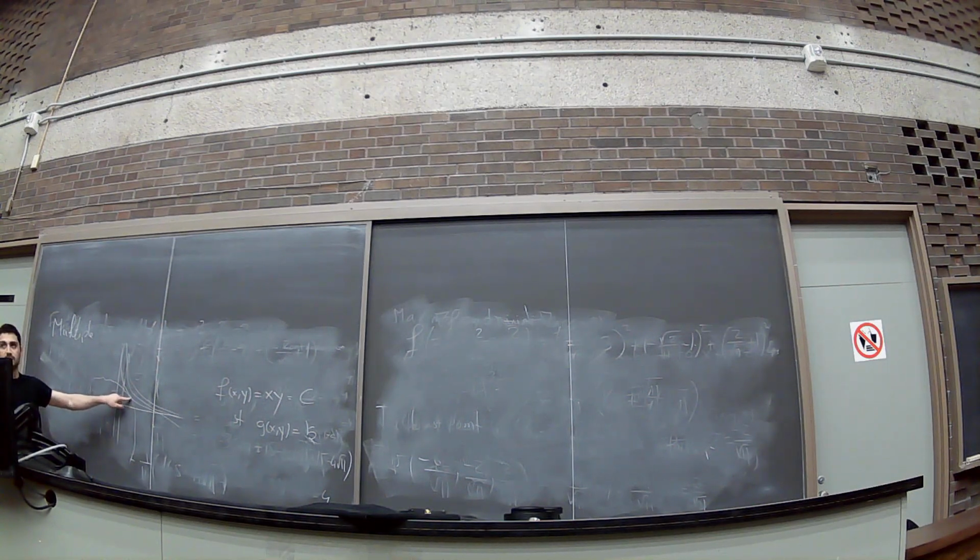Now, at the maximum, what cannot happen is that you cannot have something like this. Do you agree? This is the largest value of c that you can have. This is smaller.